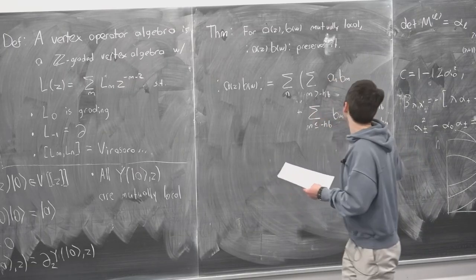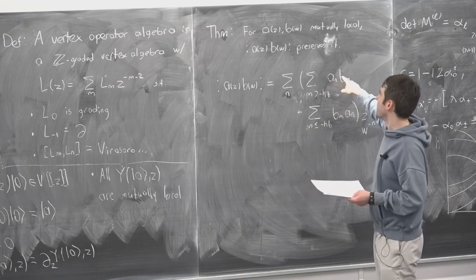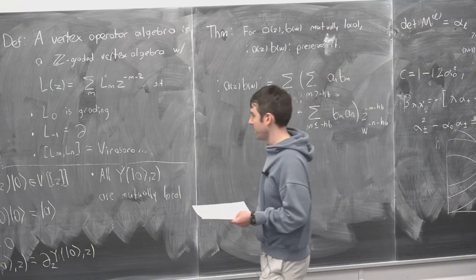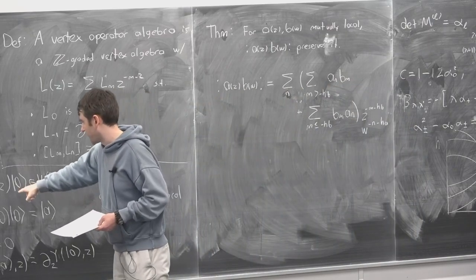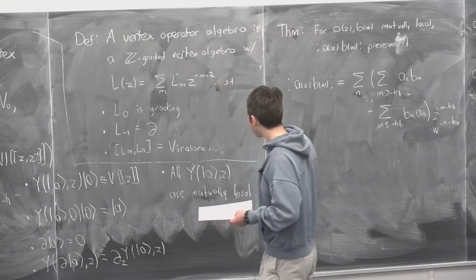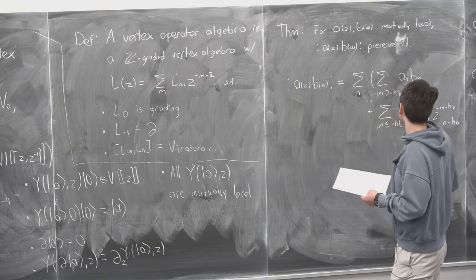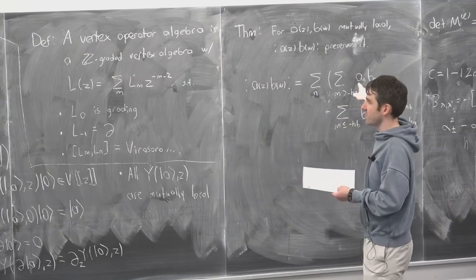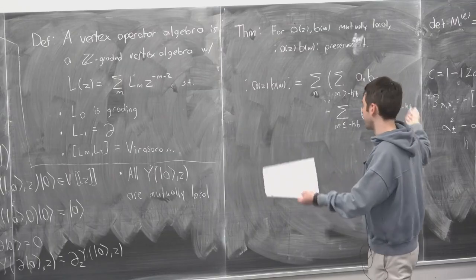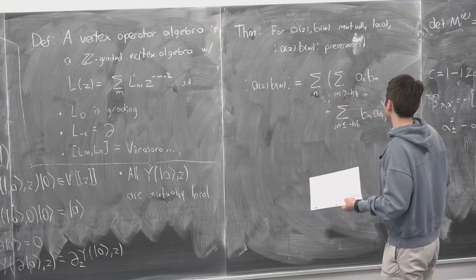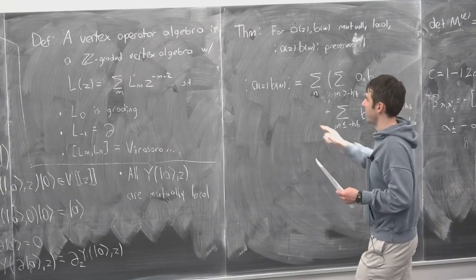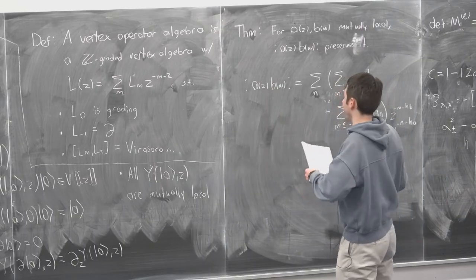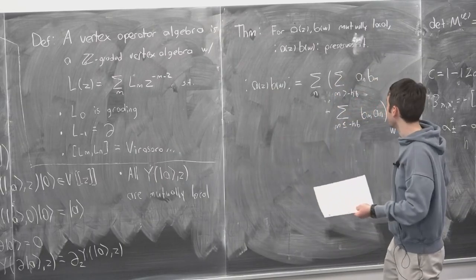It's the way of combining the A coefficients and the B coefficients such that this axiom is satisfied. So if these A's and B's were just numbers, if they were not linear maps from a vector space to itself, then they would commute, and the product would be the actual product of the formal series expansions.